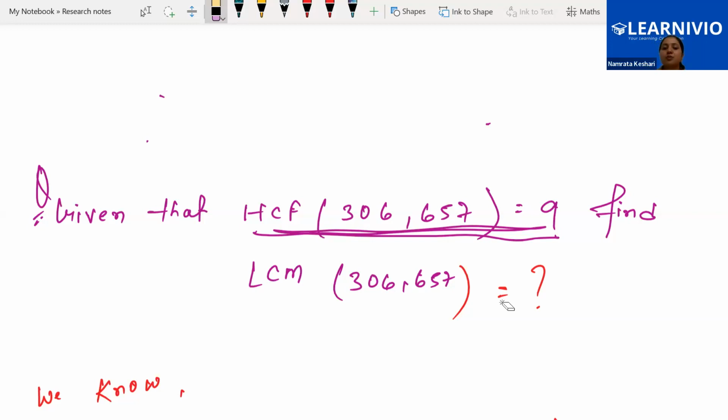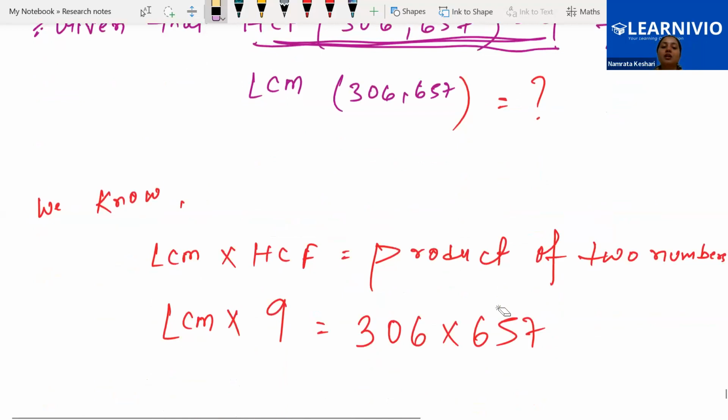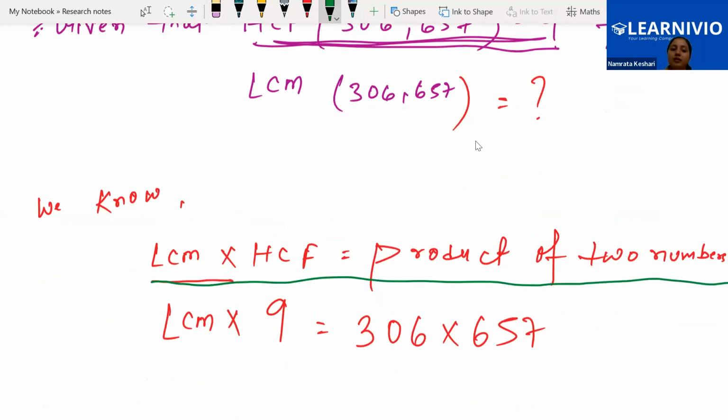To use it, there exists a formula, the underlined one: LCM times HCF is equal to the product of the two numbers.